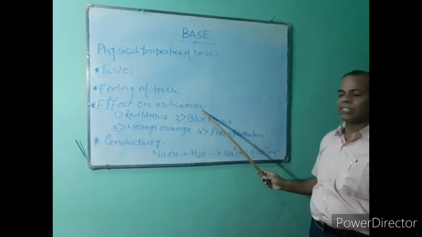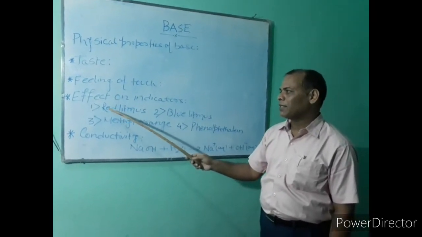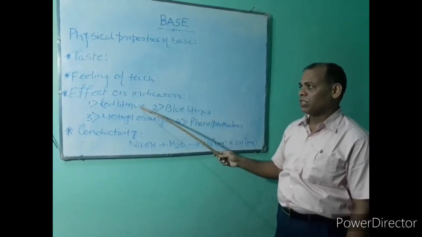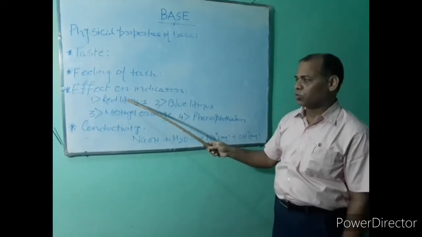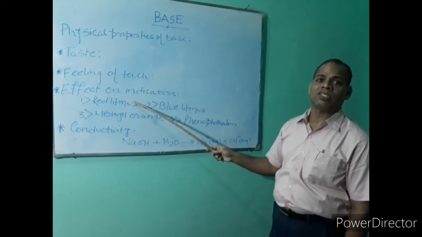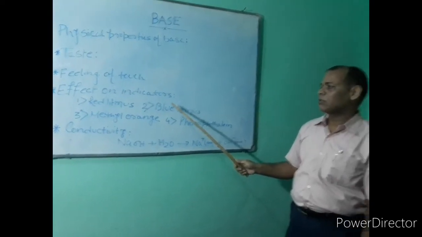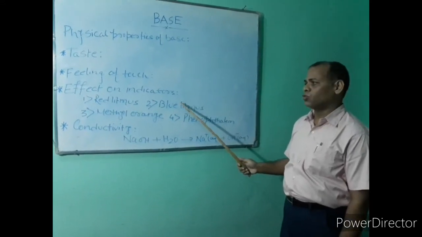Effect on indicators. If you pass red litmus in a basic solution, red litmus turns blue. If you pass blue litmus in a basic solution, it has no effect.